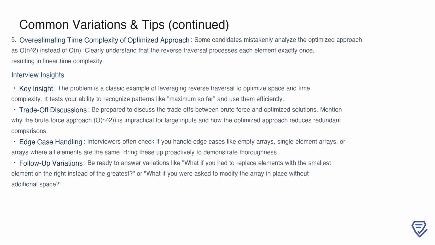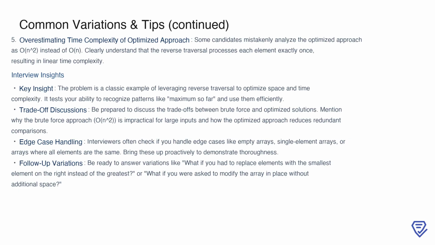It also tests your ability to recognize patterns like maximum so far and apply them effectively. Be prepared to discuss the trade-offs between the brute force and optimized approaches. For instance, the brute force method is intuitive but impractical for large input sizes due to its O(n squared) time complexity, whereas the optimized approach avoids redundant comparisons.